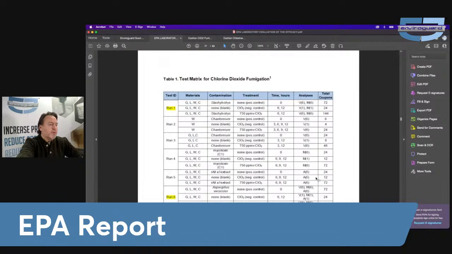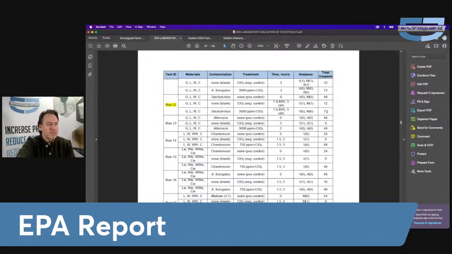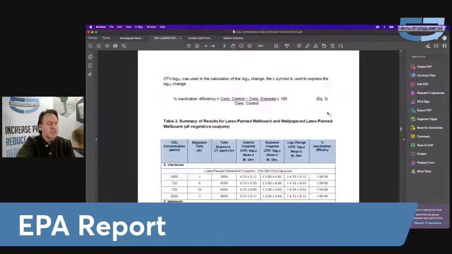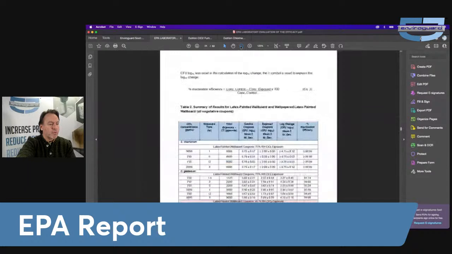You're going to see kind of left to right different runs or test IDs that were used, different materials, which I'm going to go into in a little bit, the contamination of those materials, the treatment of those materials, and this is a long list, so we won't go into that detail yet, the number of hours, some of that was at 6 and 12, other was at 3, 6, 9, and 12, the analysis itself, and the total coupons that were used for that fumigation, okay?